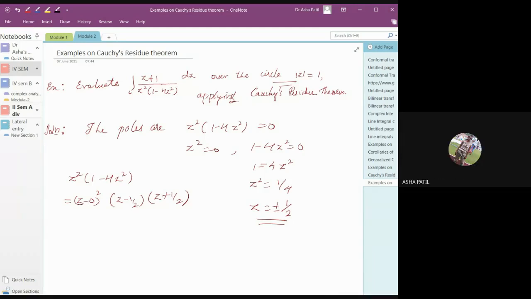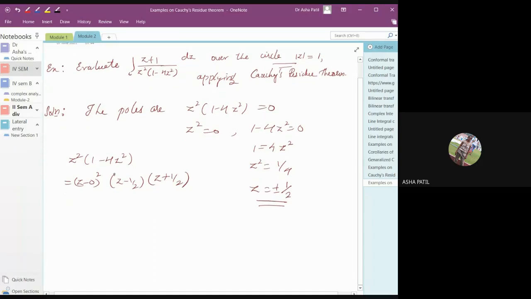They are poles of order 1. Now let us go for finding the residues. z = 0 is a pole of order 2, 1/2 is a pole of order 1, and minus 1/2 is a pole of order 1 again.